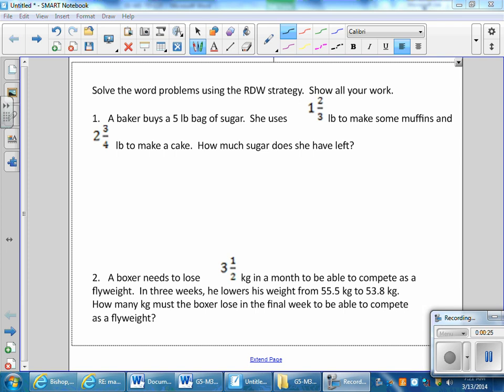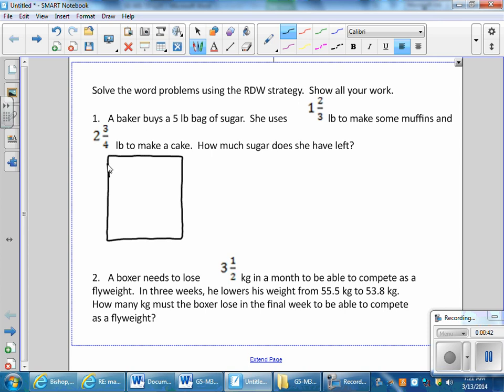Now we've talked about the fact that we can draw a tape diagram either horizontally or vertically. When we're measuring something that can fill in a container, many times I like to draw my tape vertically. So there's my sugar.